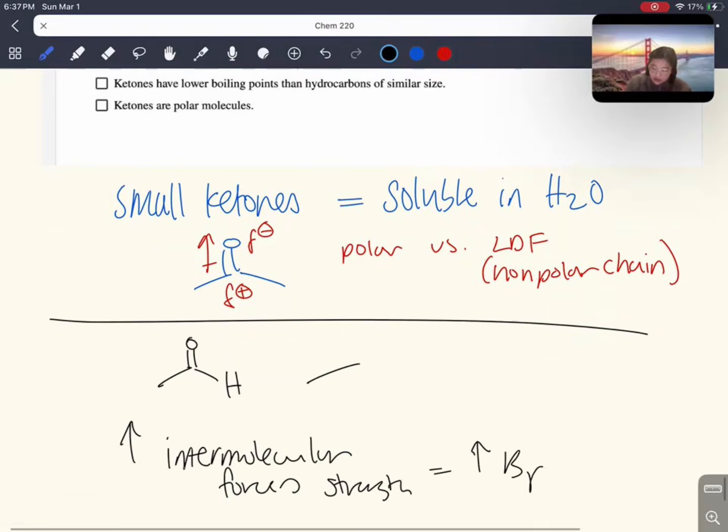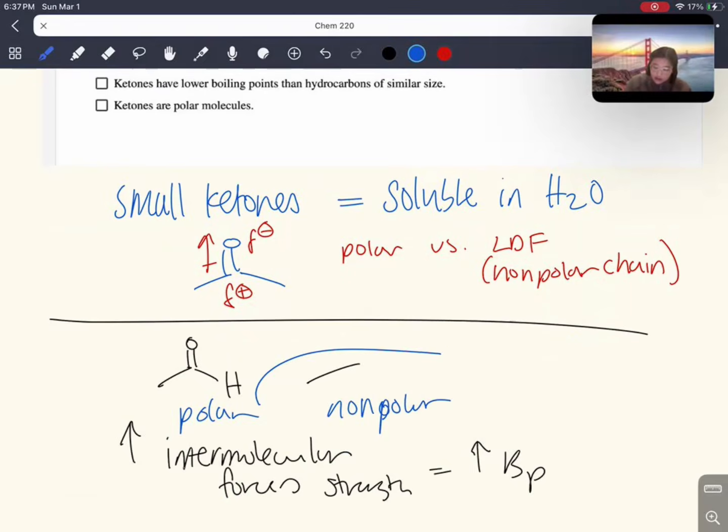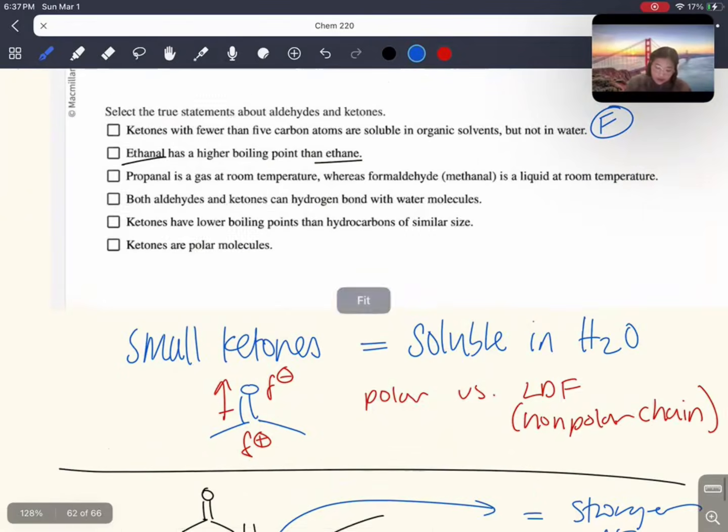This ethanal molecule is polar, and this ethane is nonpolar. Therefore, polar equals stronger intermolecular forces equals higher boiling point. Therefore, this second statement is correct. It's true.